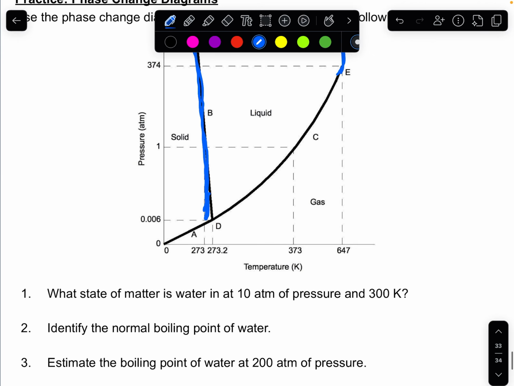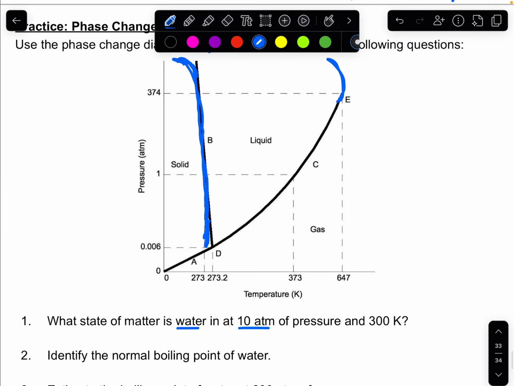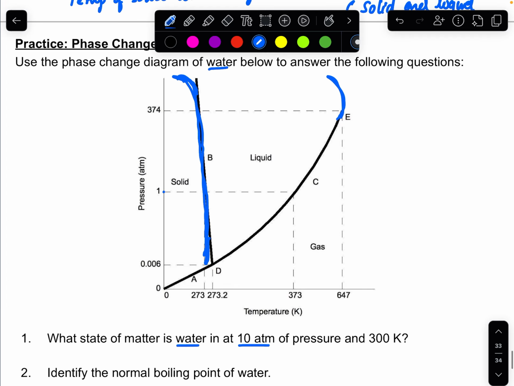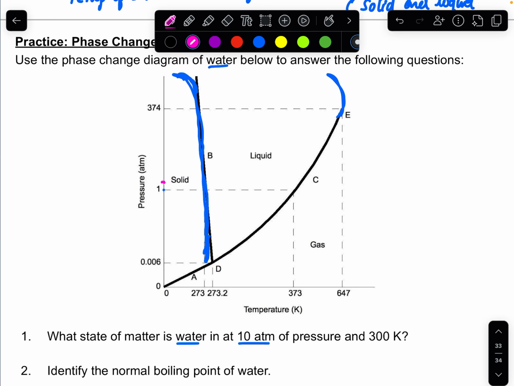What state of matter is water in at 10 atm pressure and 300 Kelvin? Okay, so 10 atm, so this is 1 atm, then the scale is very big, so you have to assume 10 atm is somewhere here, right? 10 atm here, and 300 Kelvin. So this is 373, this is 273. So it will be somewhere here, right? So I'm going up that 300 Kelvin.